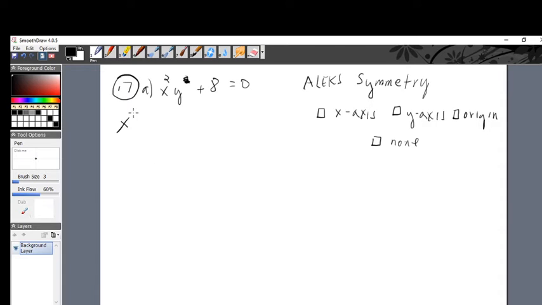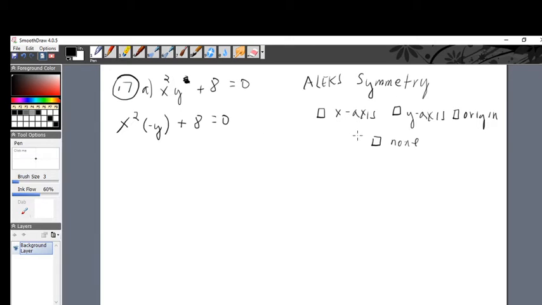So x squared you leave alone. Y you change to negative y. That's the only change you make to check for symmetry about the x-axis. Plus 8 equals 0. Now, is this going to turn out to be the same as that? Look what the negative is going to do. We'll put it in front of the x squared. It'll turn negative, and this is positive, so they're not the same. Therefore, forget it.